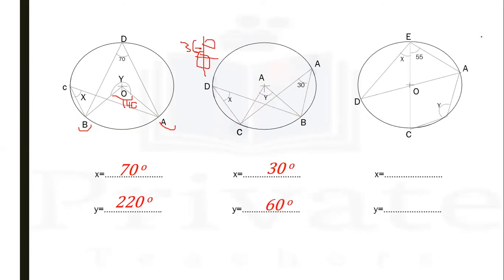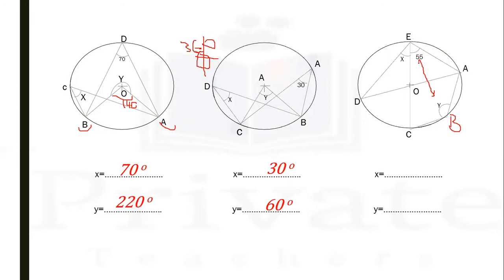And look at this question. Here, the points A, B, C, E is a cyclic quadrilateral. Therefore, the opposite angles are supplementary.